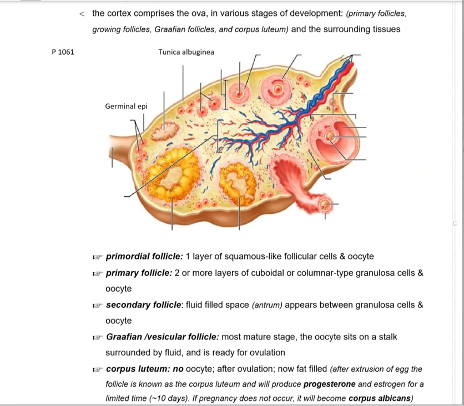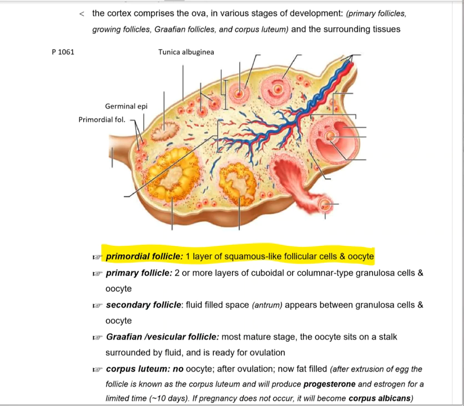We start out at the primordial follicle. These right here can be primordial follicles. There's a couple. I'm just going to put fol for follicle. These little tiny guys are one layer of squamous-like follicular cells and the oocyte inside.